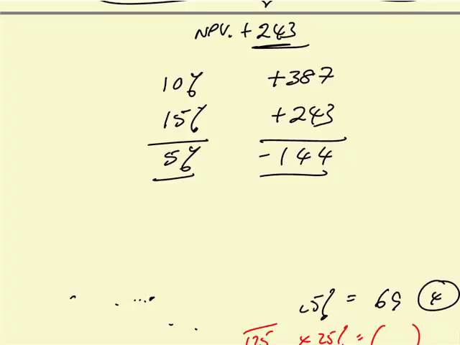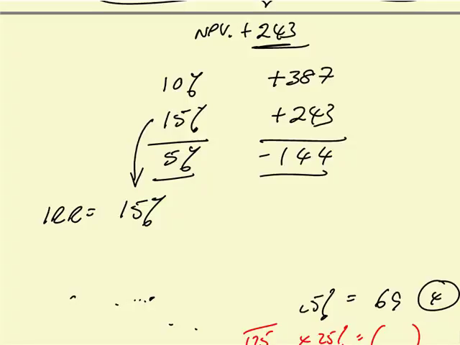Therefore, for every 144 change in NPV, the rate of interest would change by 5%. Now you can write the answer straight down. We know the internal rate of return is more than 15%. How much more? We need the NPV to fall by 243 to get 0.